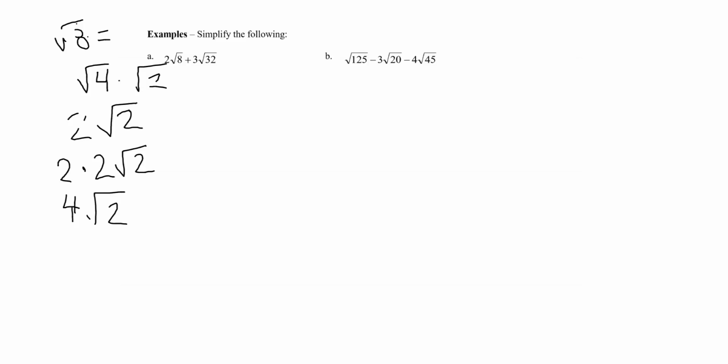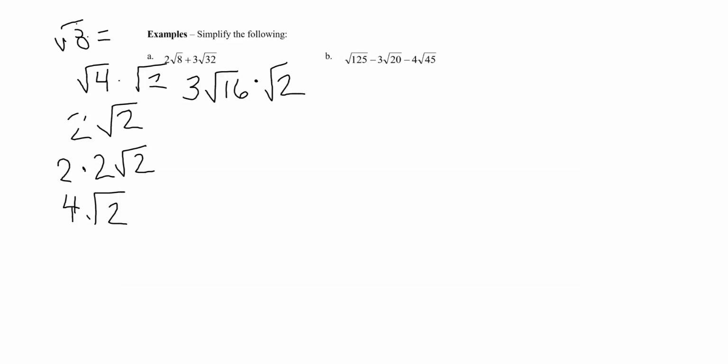And then here my 3 times the square root of 32. 32, if you recall, can be simplified by multiplying together 16 times 2. So I'm going to keep my 3 there. I'm going to put it with my square root of 16 and then times my square root of 2.